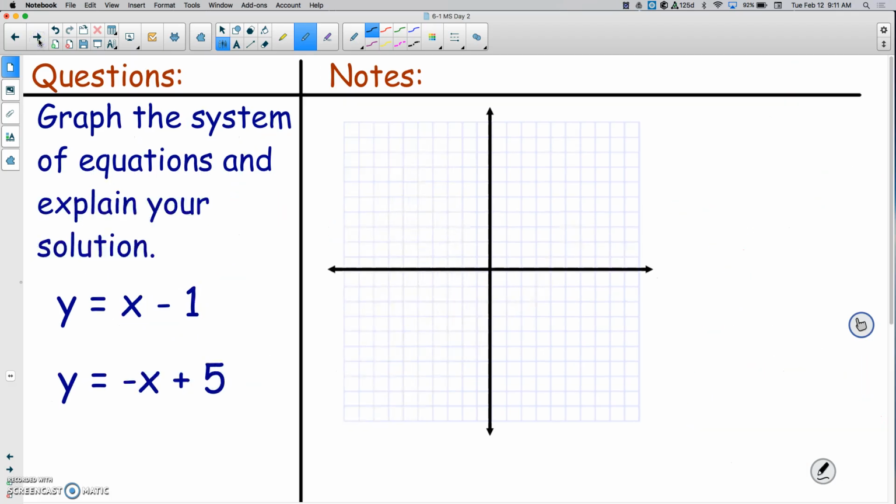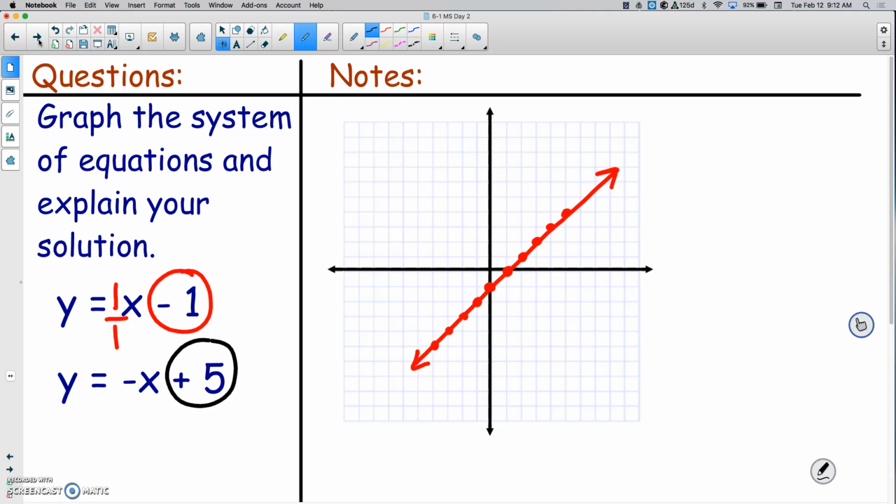Next example, start at -1. This one has a slope of 1 over 1. So rise 1, run 1 to the right, put a bunch of points on in both directions because I don't know where they're going to cross. And then the other line starts at 5, and it has a slope of -1 over 1.